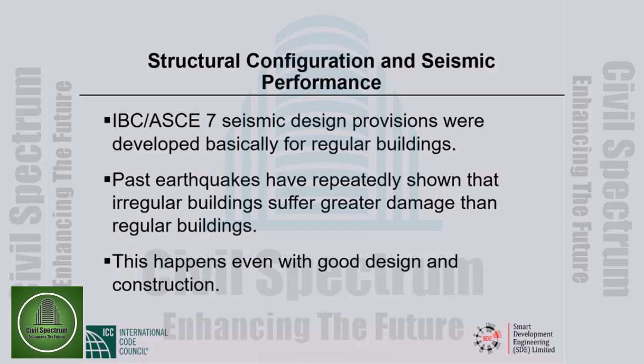I have been to plenty to tell you firsthand that it is incomparable. Earthquakes have an uncanny ability to seek out weaknesses in buildings, and structural irregularity is one of those weaknesses. Okay? Unless you have properly designed to account for the irregularity, which can be done.